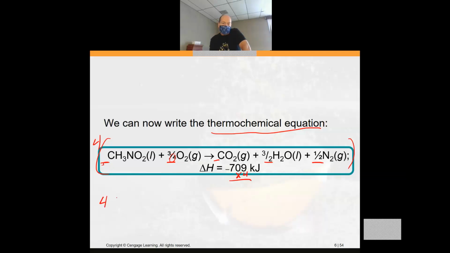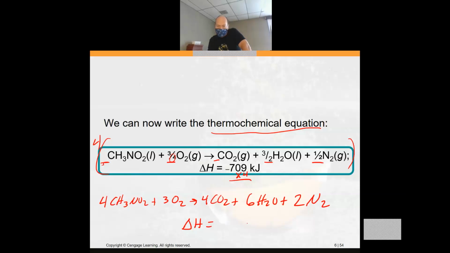And so you'd have 4 CH3NO2 plus 3 O2 yield 4 CO2 plus 6 H2O plus 2 N2. And now your delta H would be releasing 2,836 kilojoules.